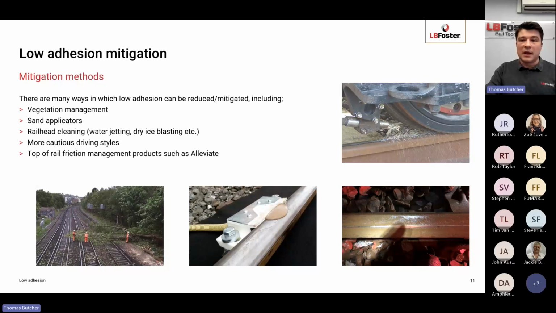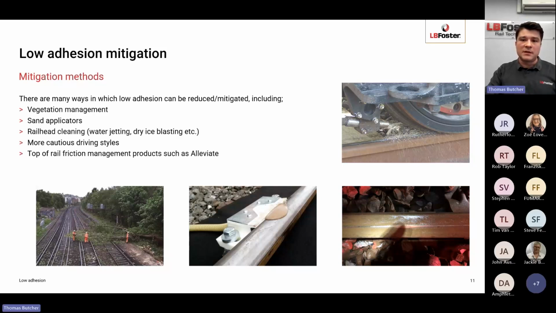Finally, line side applied top of rail friction modifiers, such as Alleviate, are another effective method for localized adhesion recovery. The traction gel applicators, or TGAs, are one of LB Foster's flagship products that are used to apply Alleviate to the railhead.